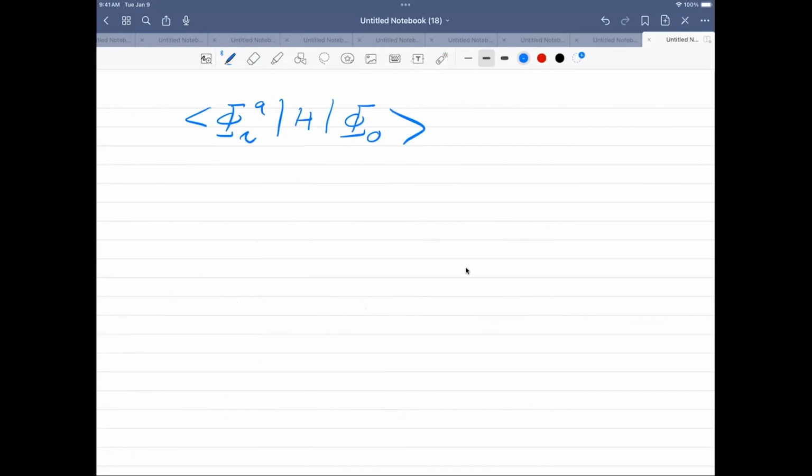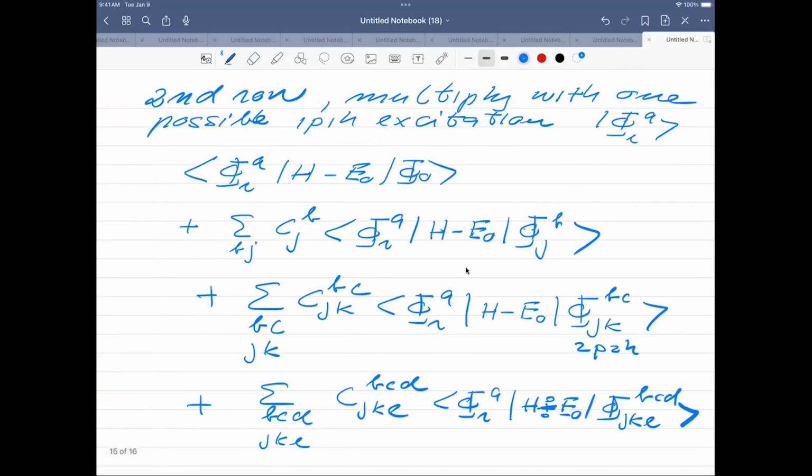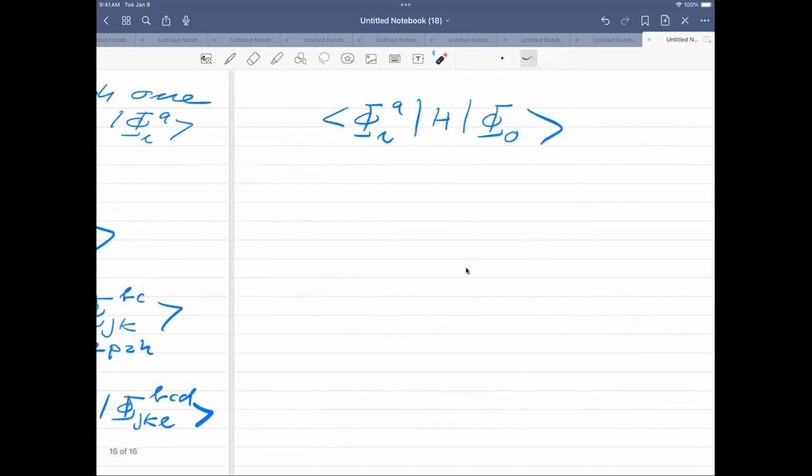And then we have a plus, or it's actually a minus here. When we go back to this expression, there's going to be a contribution here where we have J and B equal to I and A, and that will give us a non-zero contribution when we have E0, and that's the only one which is non-zero.